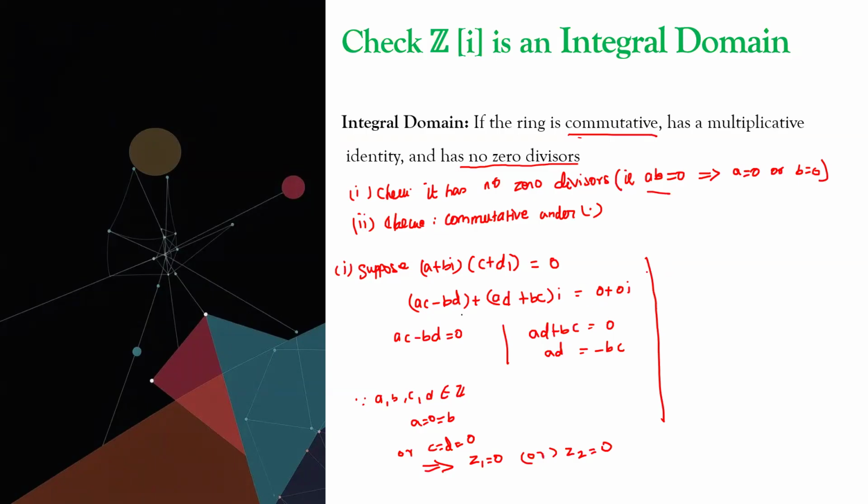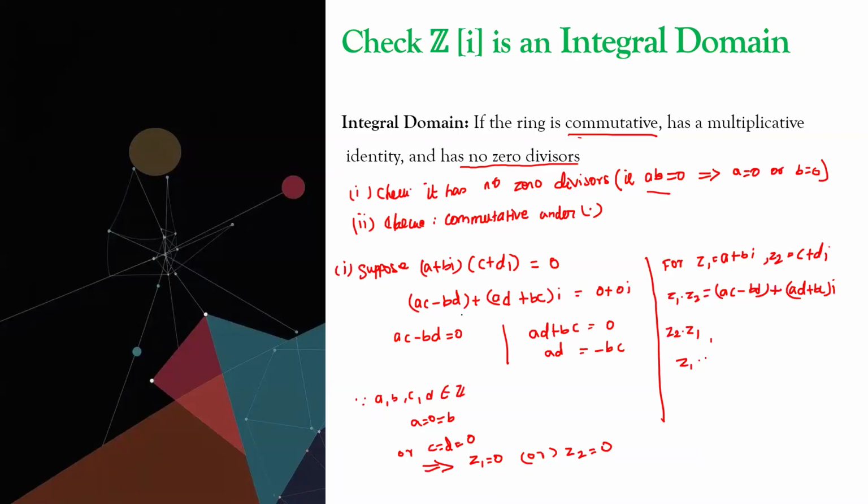Now we check commutative property. To prove commutative property, Z1 A plus Bi and Z2 C plus Di are two Gaussian integers. Their product Z1 into Z2 is AC minus BD plus AD plus BC I, which is same as Z2 into Z1 by the commutative property of integer numbers.